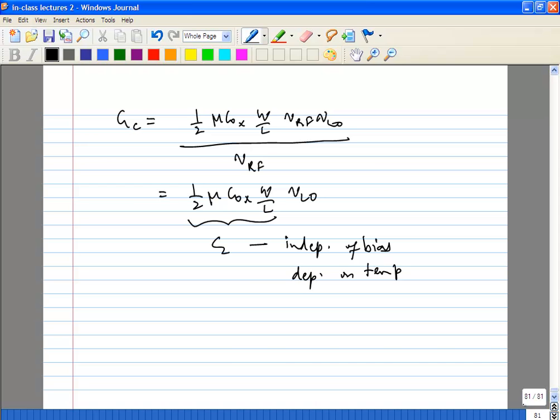And of course the third thing is it's a function of the LO amplitude, which could be a problem in some cases. Which means if you want a fixed conversion gain, then you need to control your LO amplitude very carefully. It's a linear function of the LO amplitude.